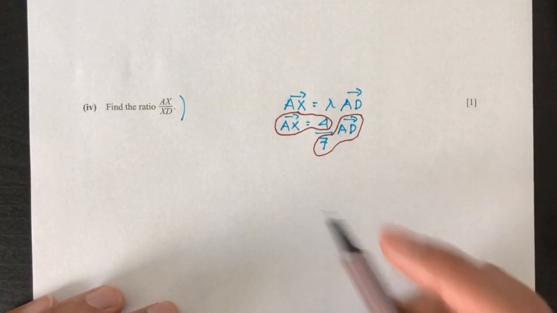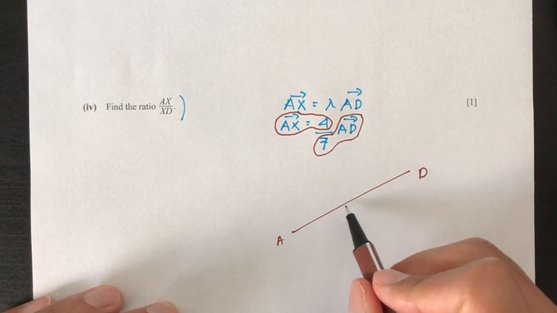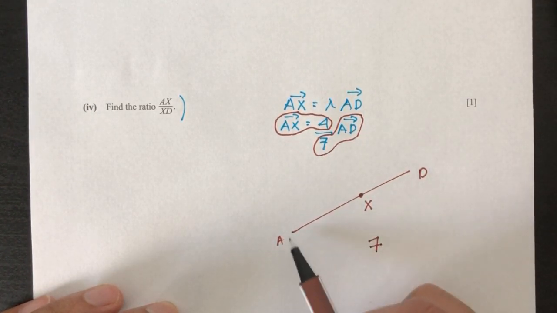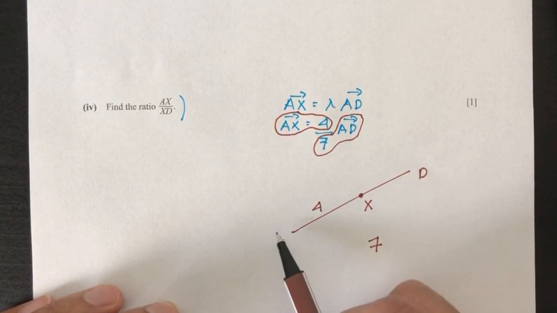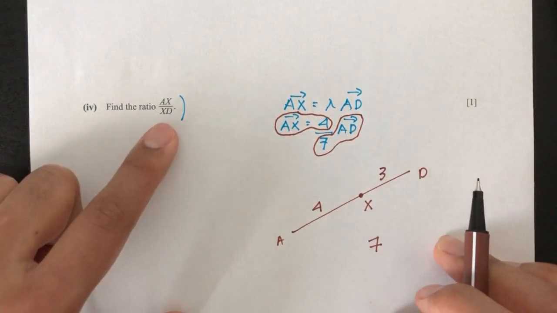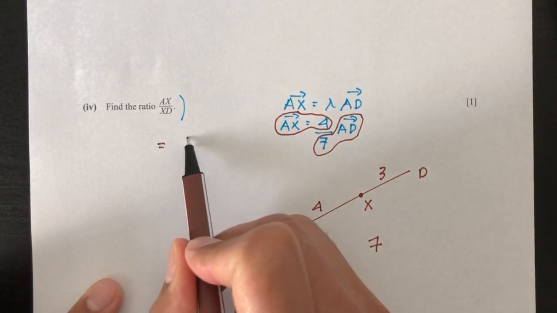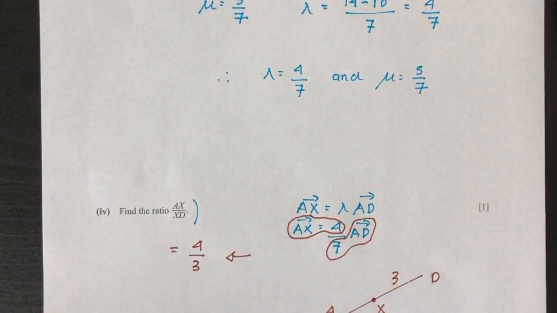So let's draw this here. You will have A and D, and X will be about here. It means that AD is 7, so this whole thing is 7, and AX is equal to 4. So if this is 7, this is 4, this will be 7 minus 4, that will be 3. So the ratio of AX to XD is 4 over 3. That will be your answer for part 4. And that is your question number 9.